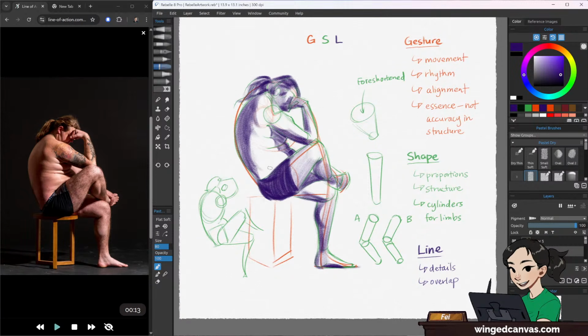I'm just showing you shading because I feel like the line work I've already kind of done some of it. But if I really did want to then draw the lines, I would just emphasize the stuff that has overlap.